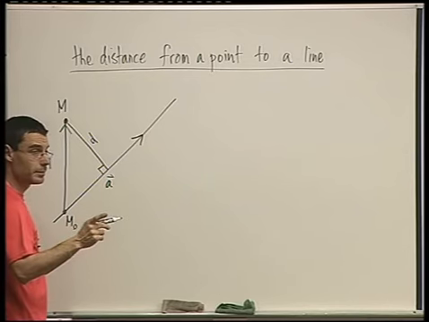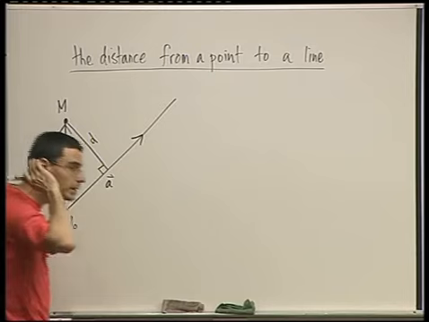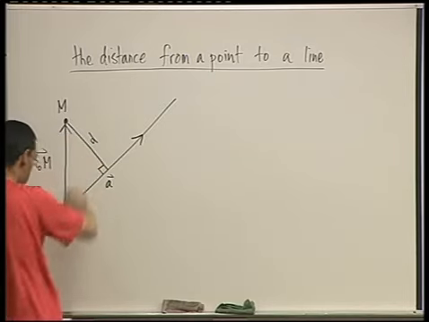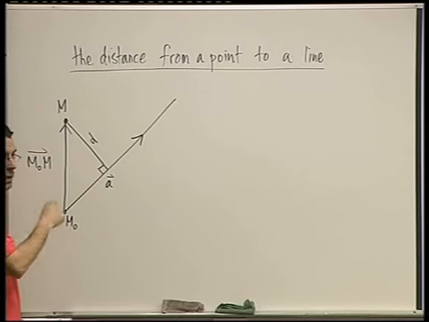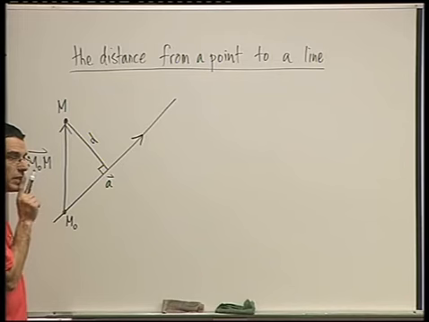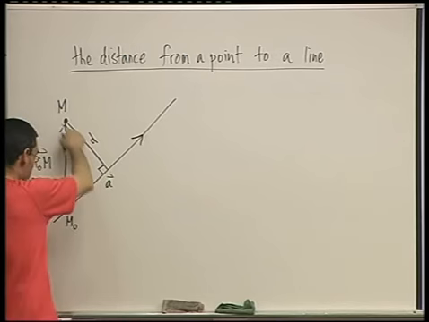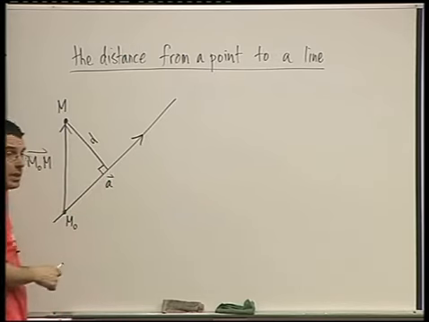Right triangle. Right triangle is good. Okay. Take it a step further. Something that we've seen related to projection. Okay, you can see that this thing is the projection of this onto the line, right?